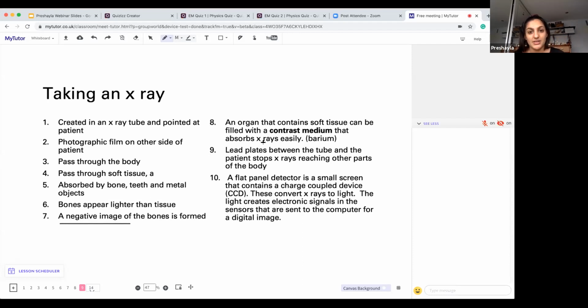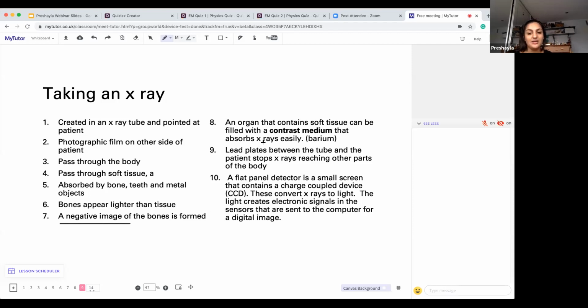How does that process work? So our X-rays have gone through the body and they've shown up on our photographic film. Now a detector contains a small device called a charge coupled device, or a CCD. The job of the CCD is to convert X-rays to light, okay?